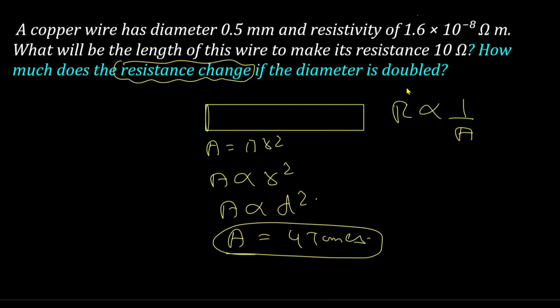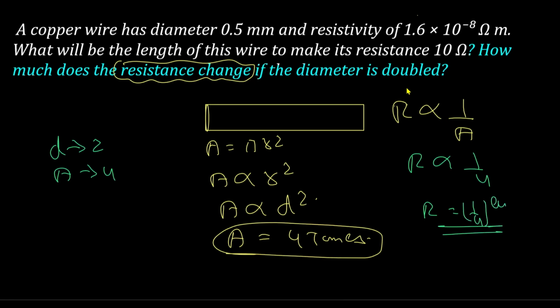On changing the diameter to double, area becomes 4 times. And from here, what you can see is that resistance is inversely proportional to area. So the resistance will become 1/4.